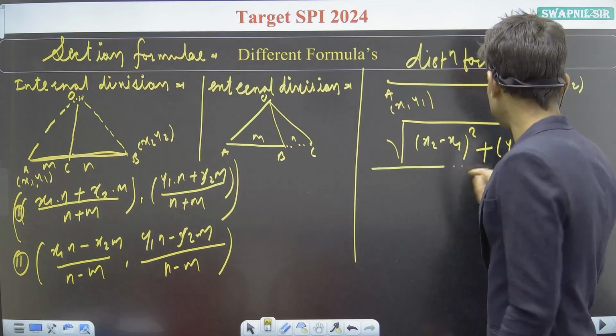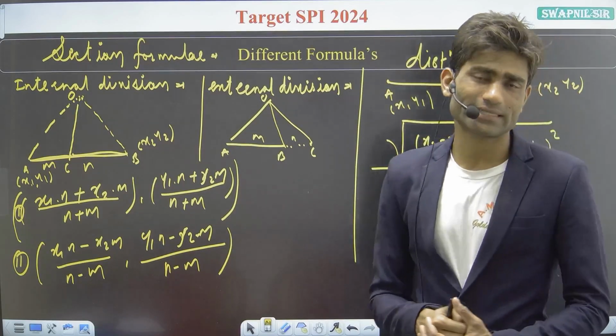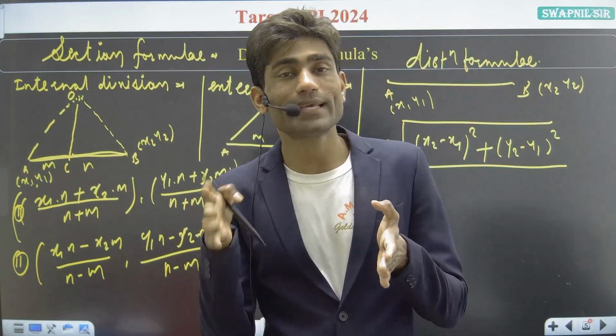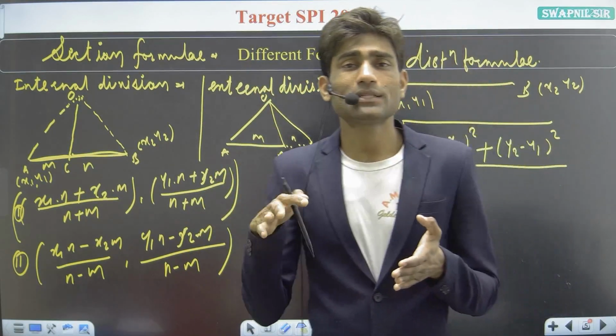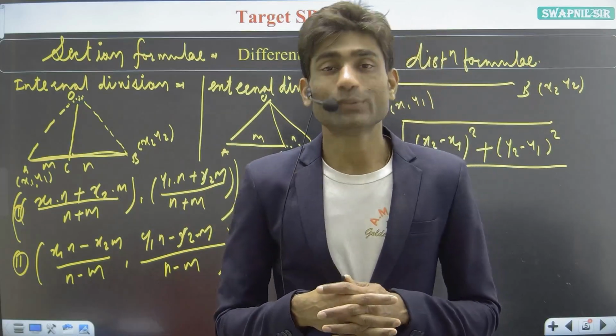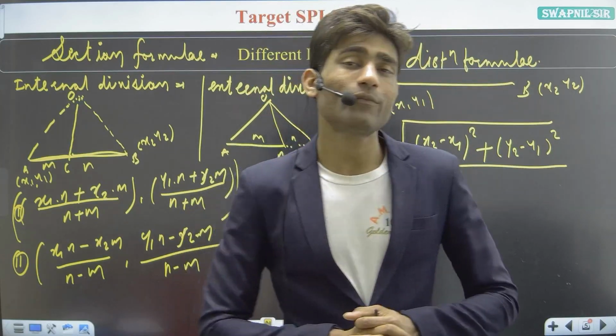So this one is the distance formula for our line segment AB when we have two coordinates. But when we have three coordinates, we have to take x2 minus x1 bracket square plus y2 minus y1 bracket square plus z2 minus z1 bracket square.